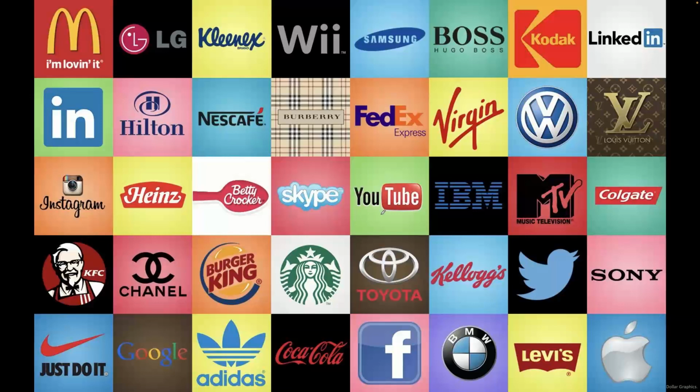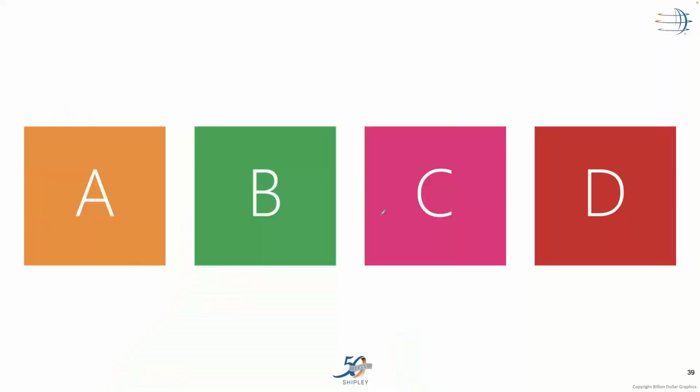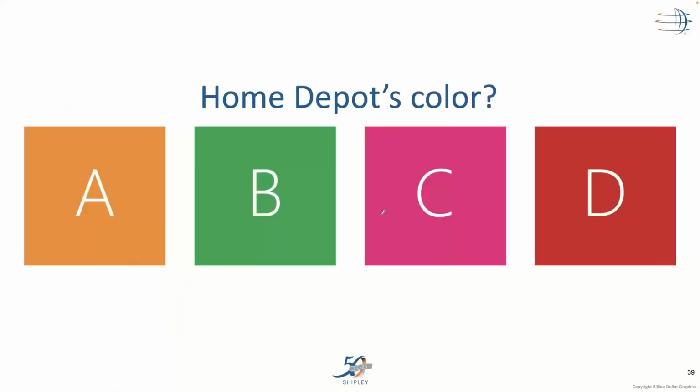Absolutely. The reason why we recognize them is because at a glance, we are seeing something we've seen before. The secret of good marketing and branding is consistency. So let's take a look at this one. Of these colors, A, B, C, D, which is Home Depot's color? A, B, C, or D? What do you think, Mallory?